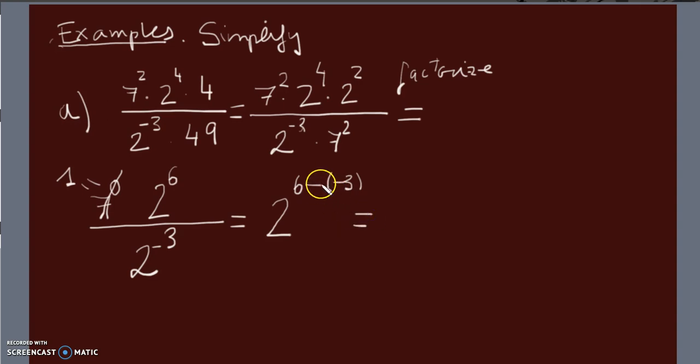So this subtraction is really an addition. So 2 to the power of 6 minus is plus, positive 3. So 6 plus 3 is 9. This is the final result of this operation.